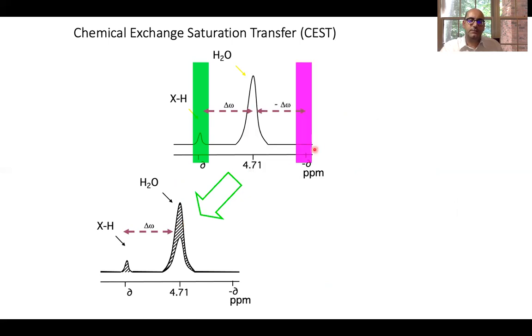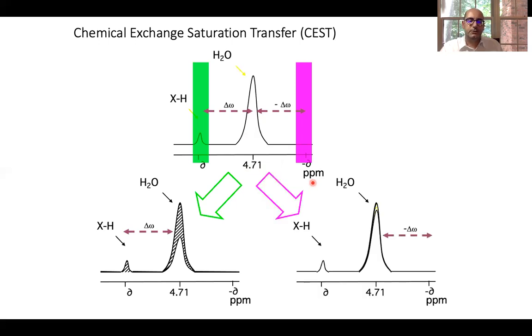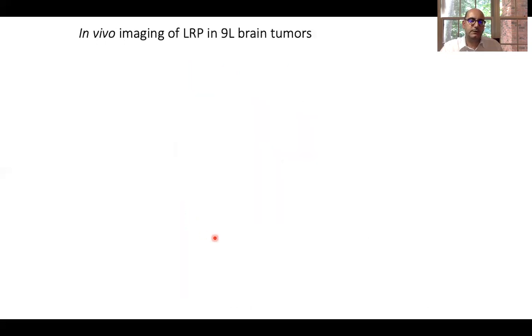Then we saturate the compound at the opposite side, with a frequency that is shifted from the water frequency but upfield of the water frequency. This should not result in any reduction in the water signal, or maybe a very small one due to the NOE effect. And we subtract them, and what you can see from the subtraction is the contrast that is generated by the CEST probe.